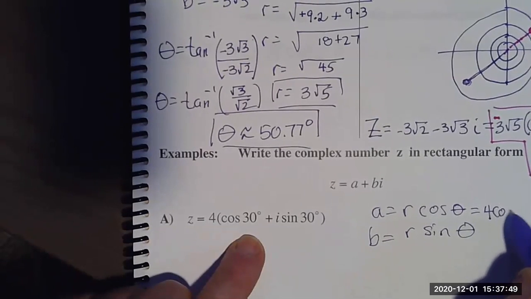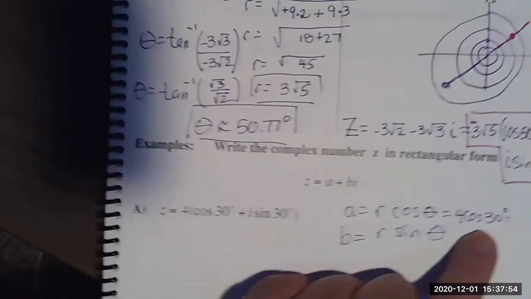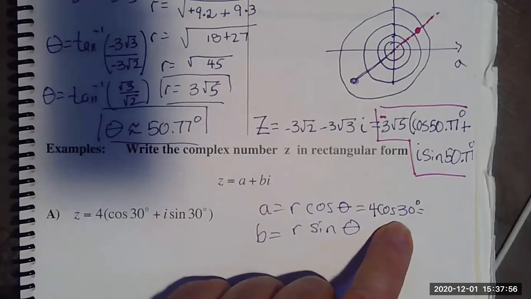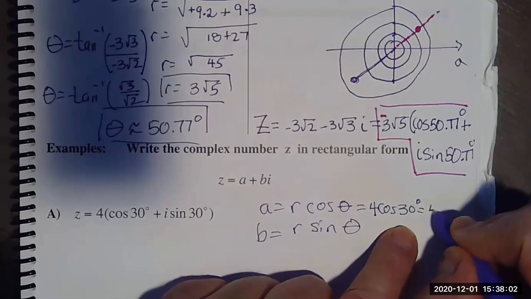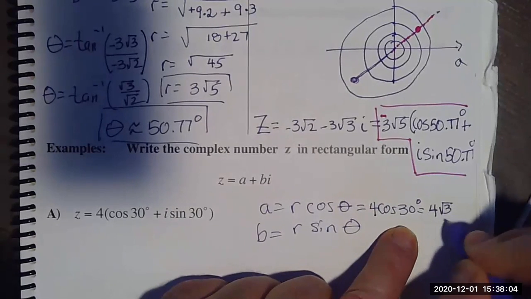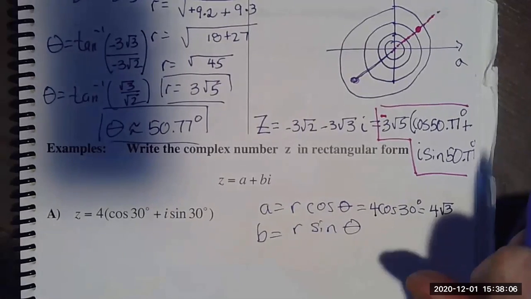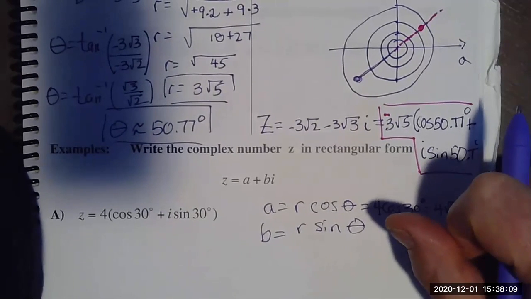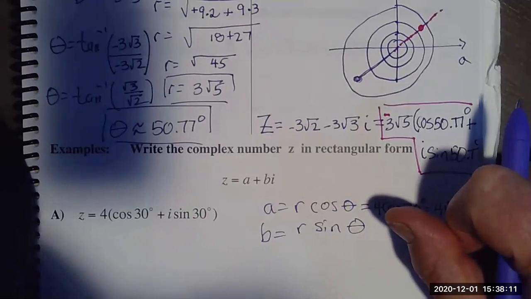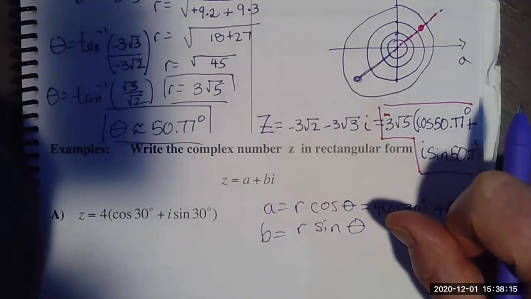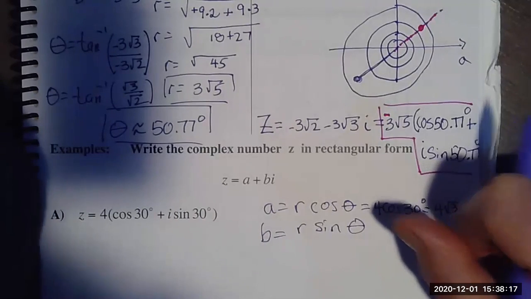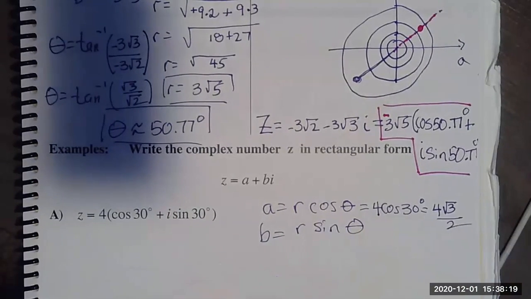Cosine 30 degrees is root 3 over 2. So 4 root 3 over 2. Is that right? Cosine 1/2? Not root 2 over 2. Cosine of 60 degrees should be a half. Yeah, that should be right. I'm trying to do this by memory.